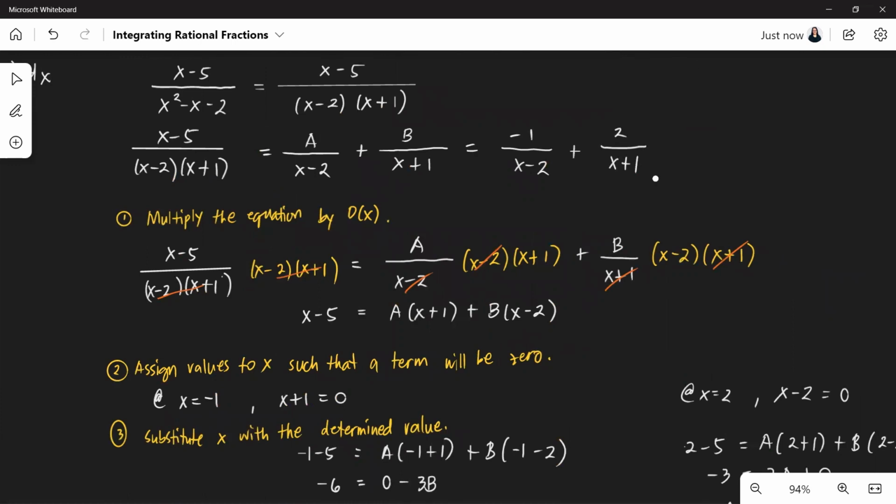So these are the partial fractions. You can double check by adding the two partial fractions. The result should be x minus 5 all over x squared minus x minus 2.